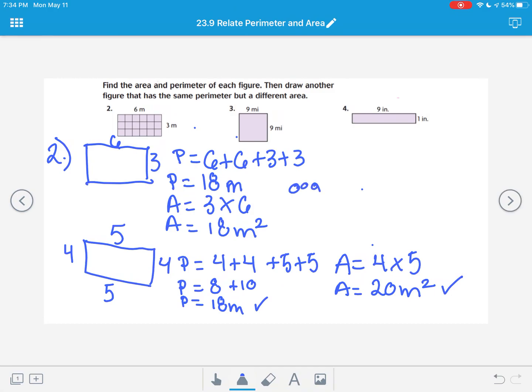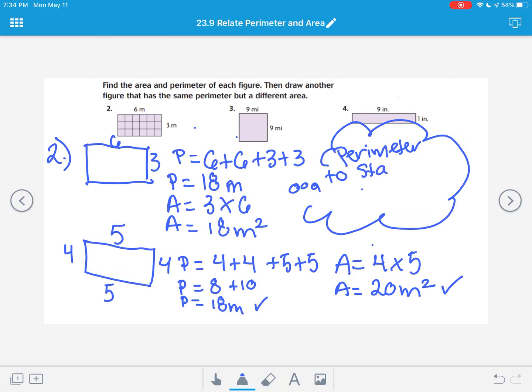If we want to keep the perimeter the same, so go ahead and add this into your notes. If we want the perimeter to be the same, what we need to think of is what times 2 plus what times 2 is going to equal the same perimeter.